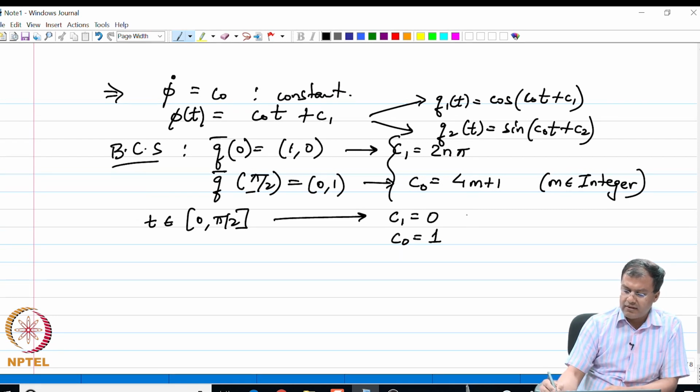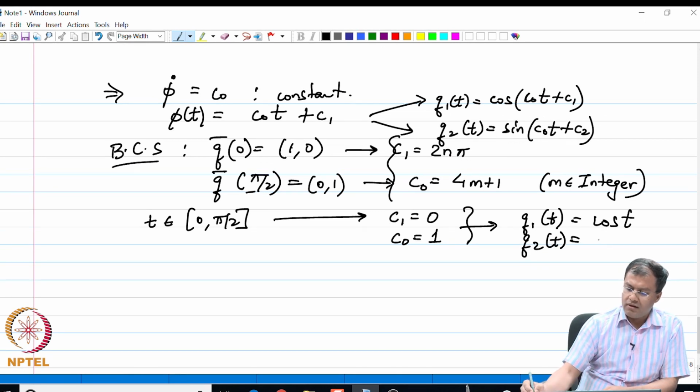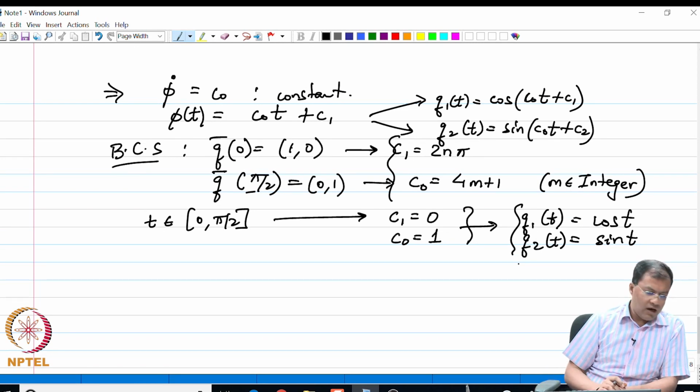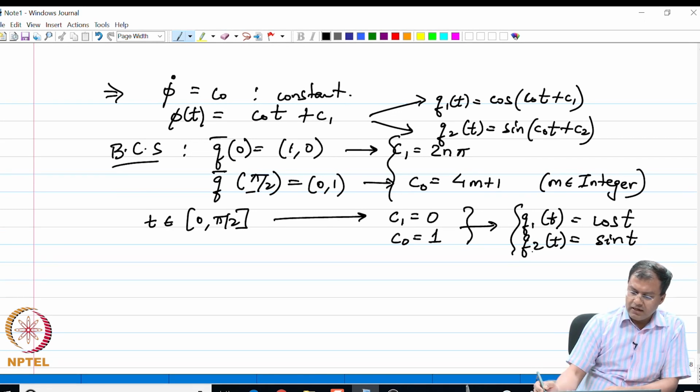And in that case my q 1 of t is cos of t and my q 2 of t is sine of t. So, those are my parametric representation of the function, and that completes the discussion, saying that this extremal lies on the rim of a unit circle.